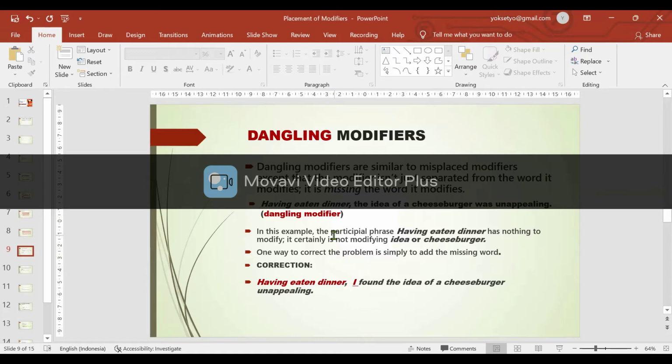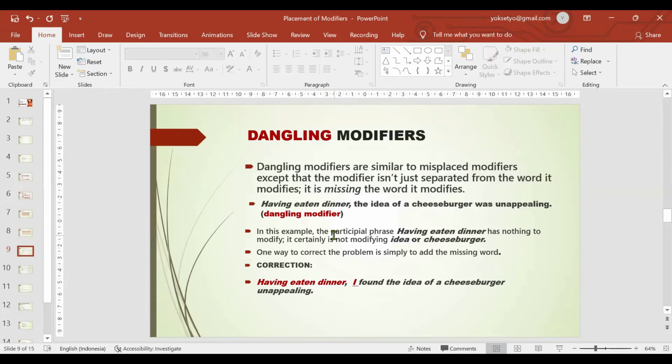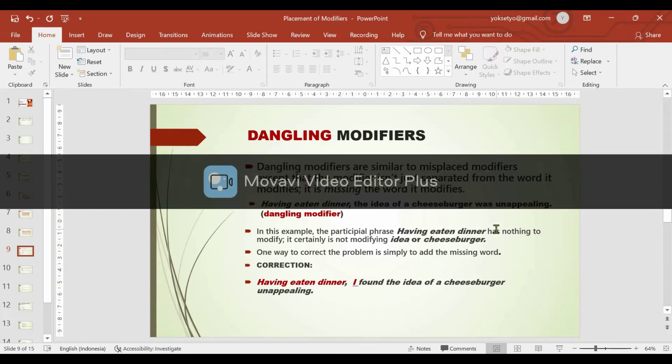So the important thing is missing the word it modifies. That is the key word. Look at the example: Having eaten dinner, the idea of a cheeseburger was unappealing. So this is an example of a dangling modifier. Why?